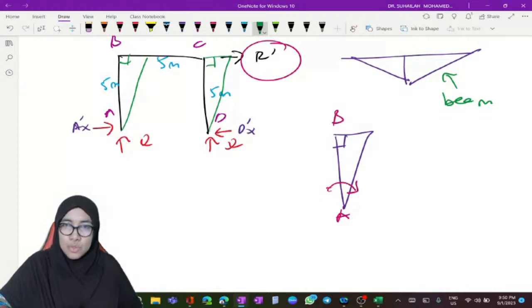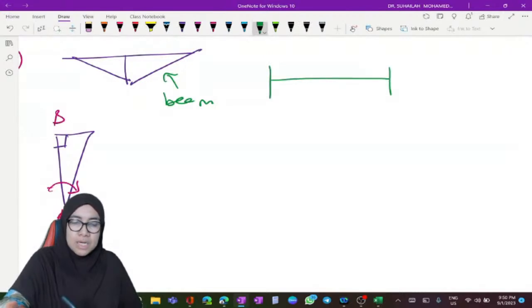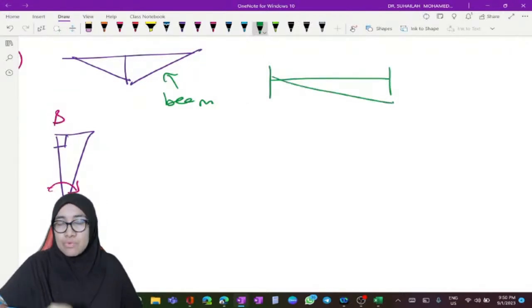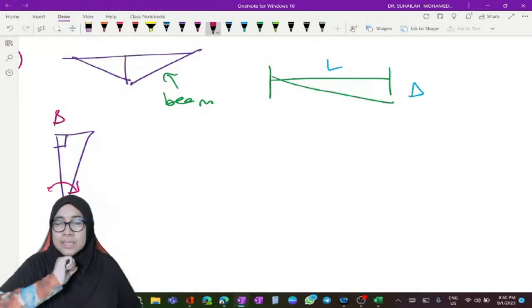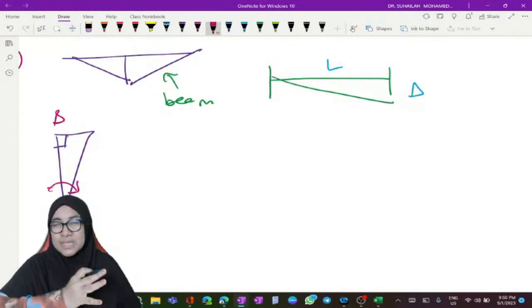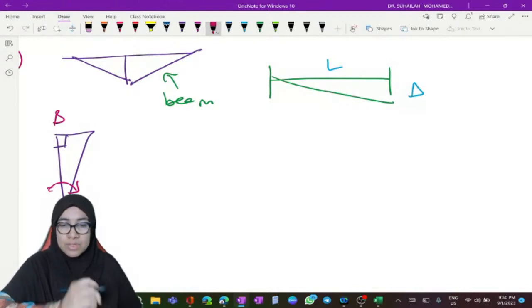So look at the formula first. The formula to calculate FEM due to delta is like this. This is L, this is delta. The angle from the original to the new position, going clockwise, is called the chord rotation.